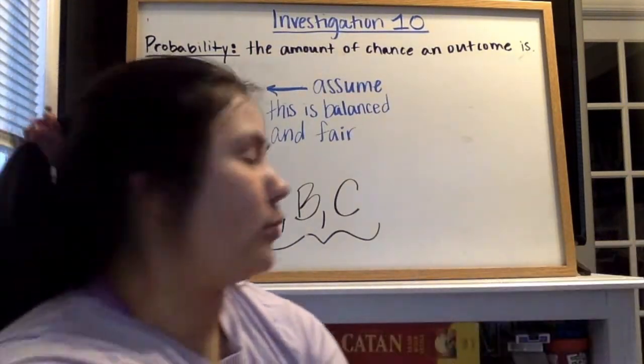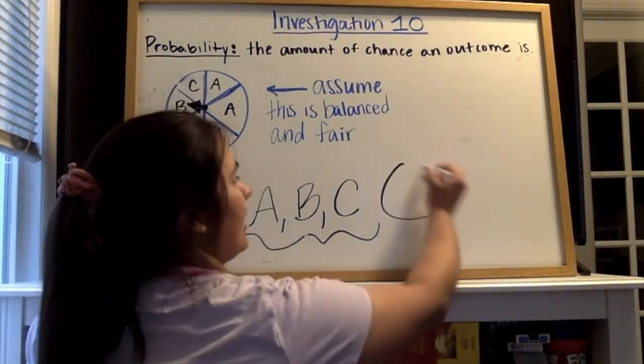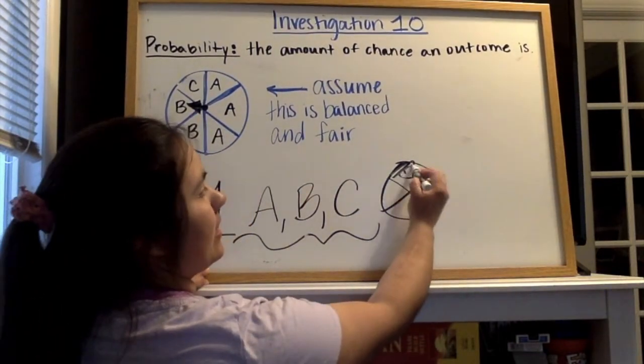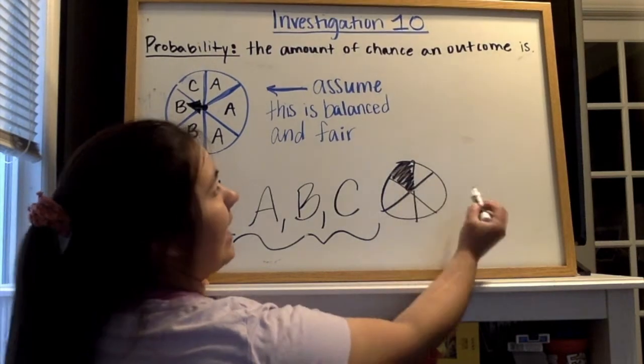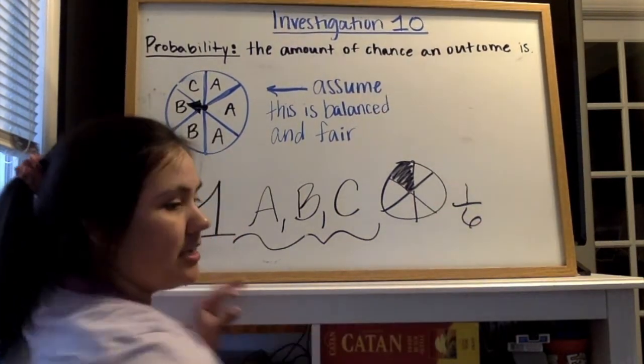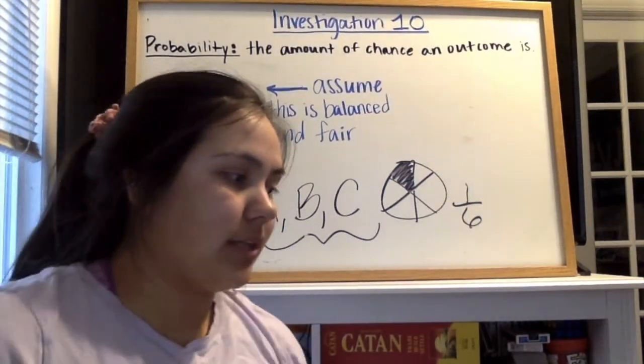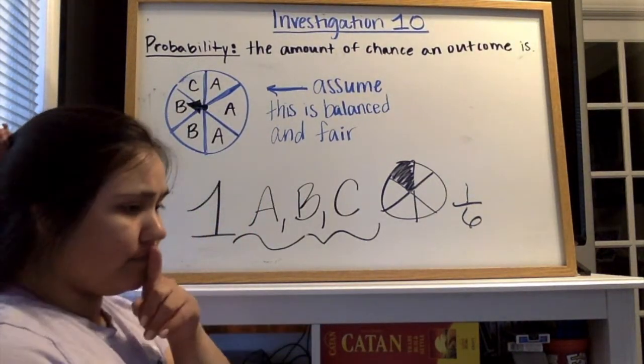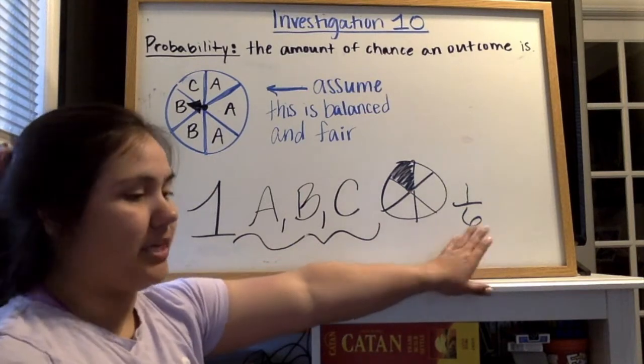We said that that would be 1/6. Okay, we drew that little chart. The C was here, so I colored that in. The fraction was 1/6. So if you get asked what the probability would be if it lands in C, it's the same thing. You're going to have 1/6 of a chance there too.